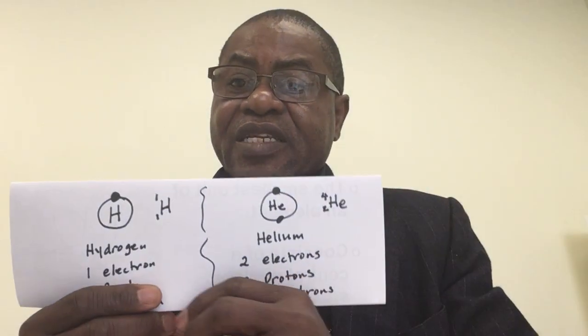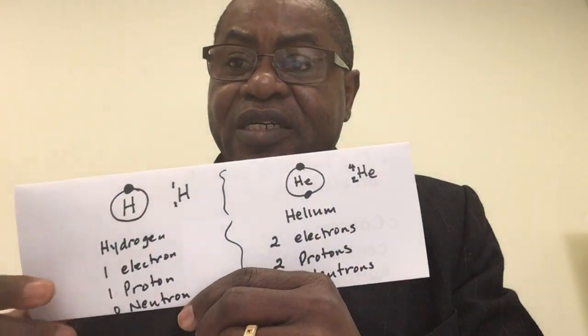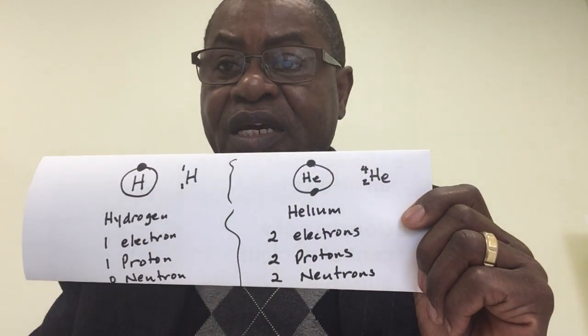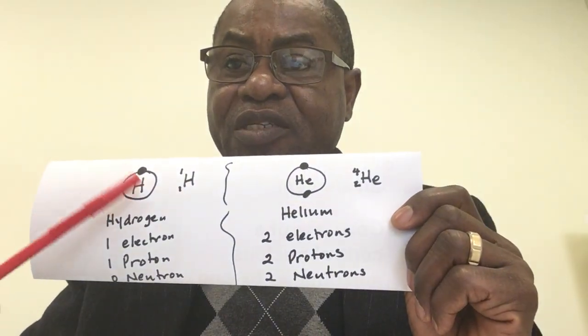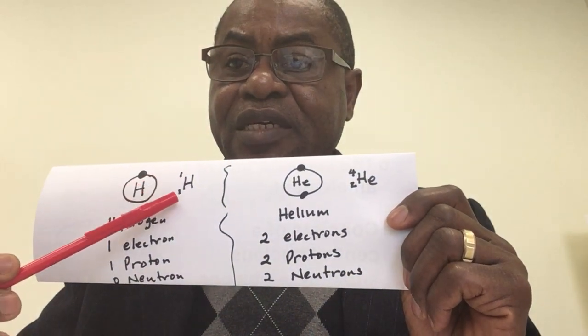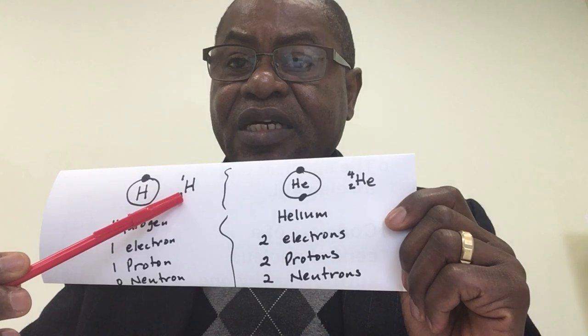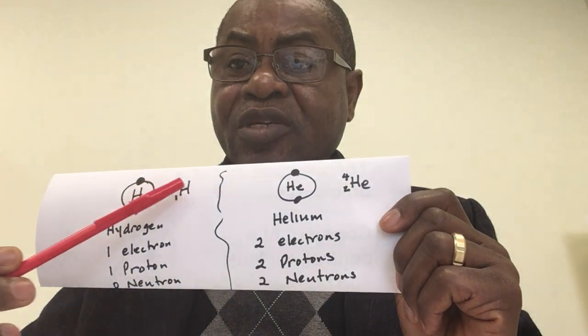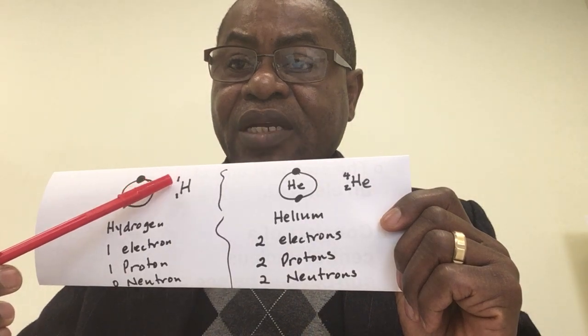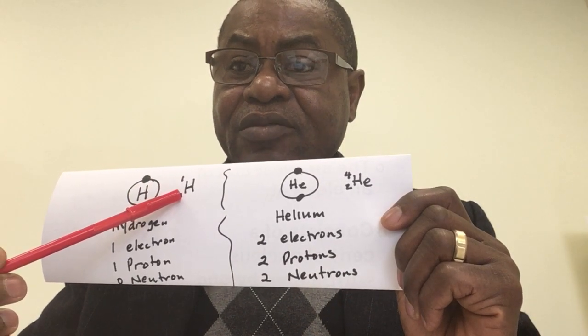An example of two atoms that I have selected, you have here helium and hydrogen. At the top is representing the atomic mass, and at the bottom is representing the atomic number. So it means in hydrogen we have atomic mass 1 and atomic number 1.